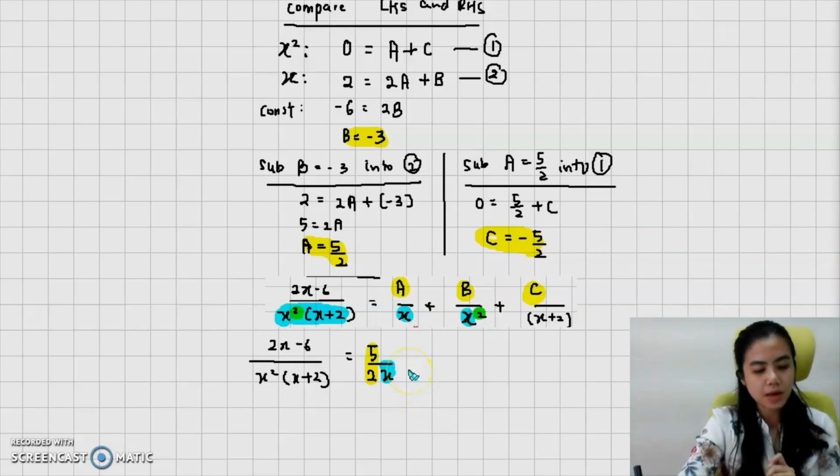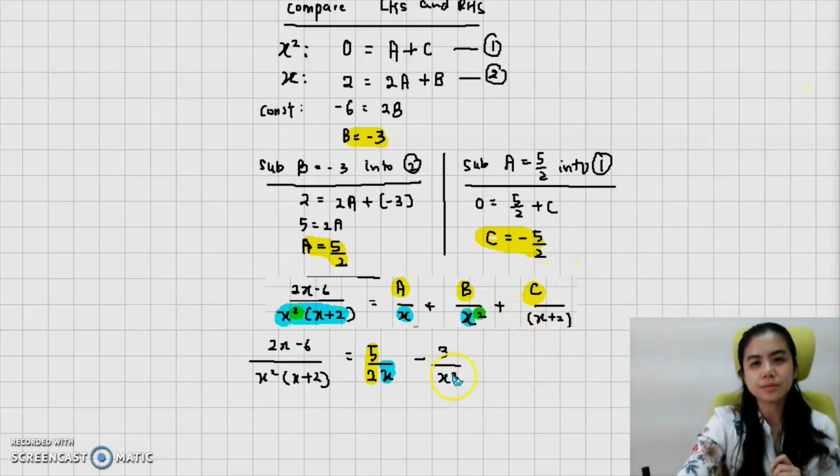And we have the next, that is your B. Your B is minus 3. So minus 3 over, then we have the x squared. So let's write the x squared here.